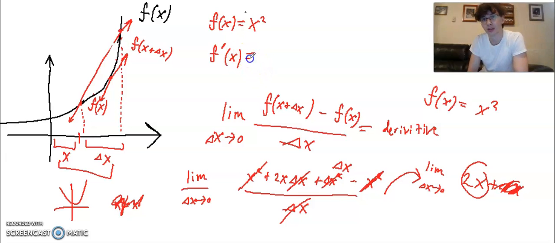So the derivative of f of x equals 2x. What does that mean though? I mean, that's cool and all, but it's just another function. What does it mean?